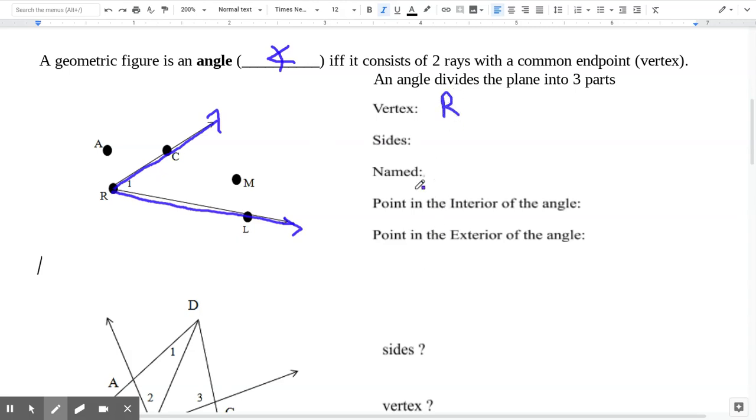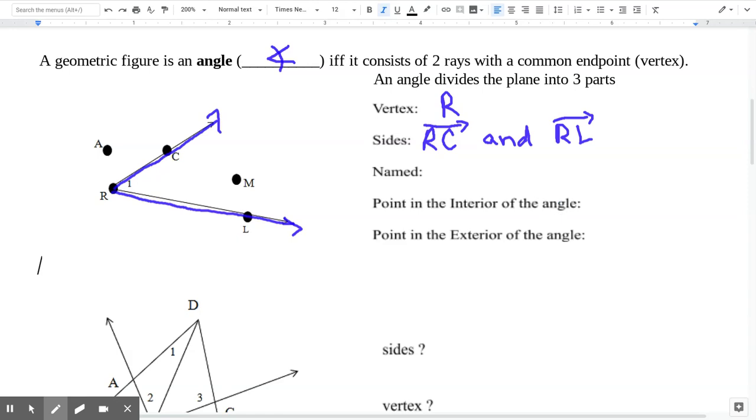And the indication is this represents point R. We have two sides, and the sides are rays. And so let's see what rays that we have. This ray here starts at R and goes through C. So we'll call that ray RC. And the other ray also starts at R and goes through L. So we'll call that ray RL. So those are some different parts of the angle.